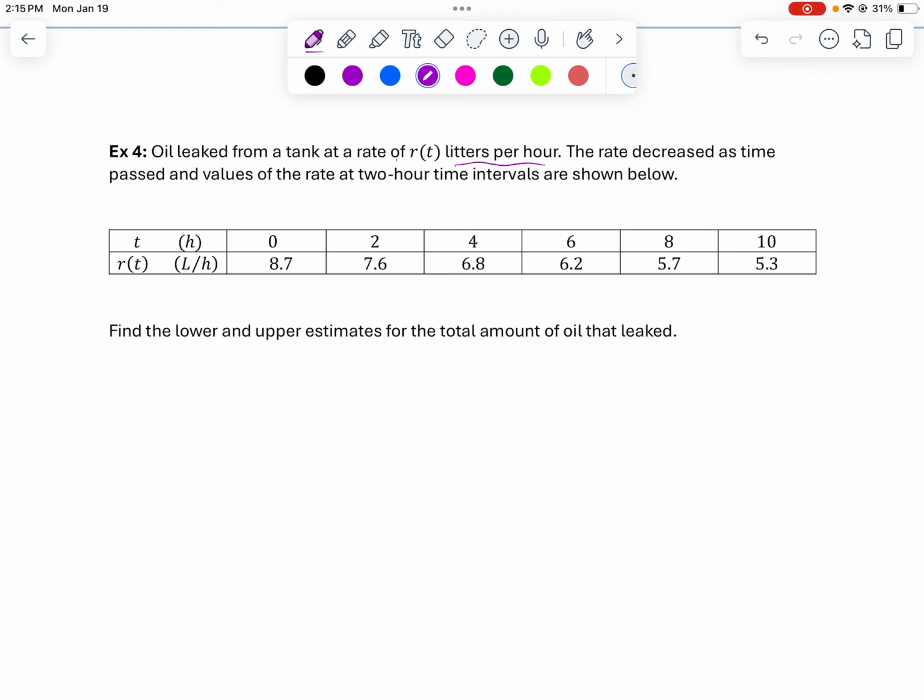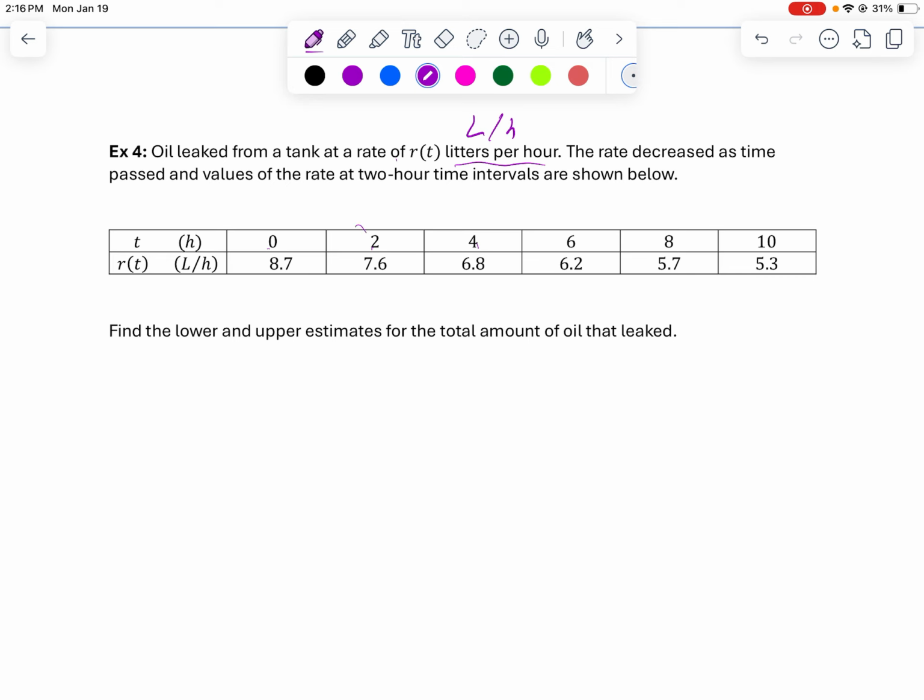So notice here time is in hours. At 0 hours, after 2 hours, after 4 hours, the distance between each is 2. So our delta t, you can see directly from here, is equal to 2.